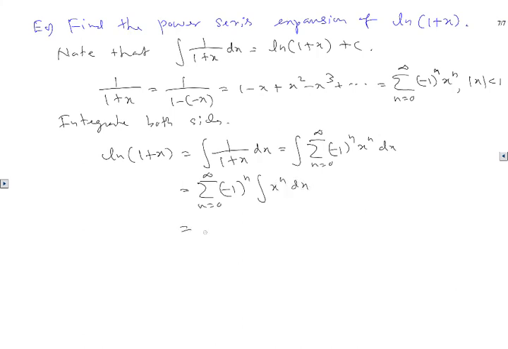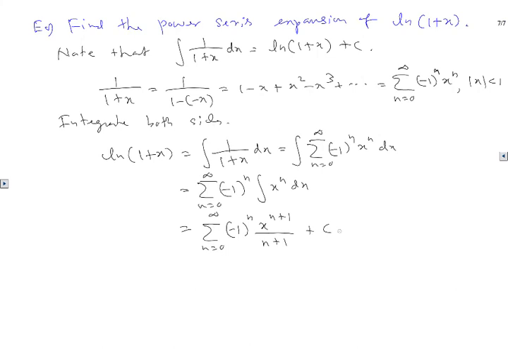So this is going to give the sum over n going from 0 to infinity of (-1)^n times x^(n+1) over n+1, plus c. Okay. Let's try to write the terms.